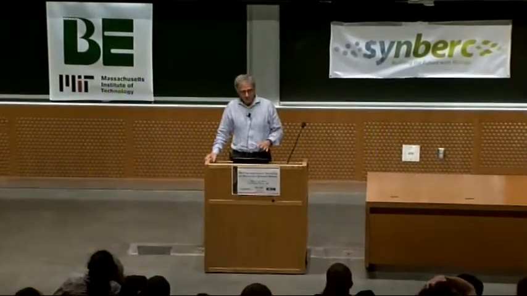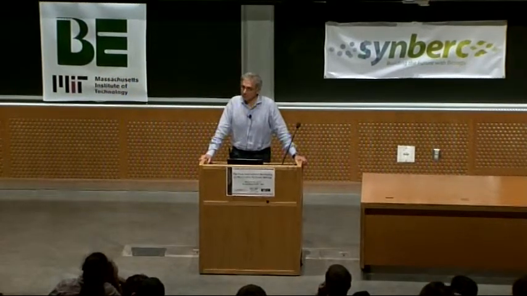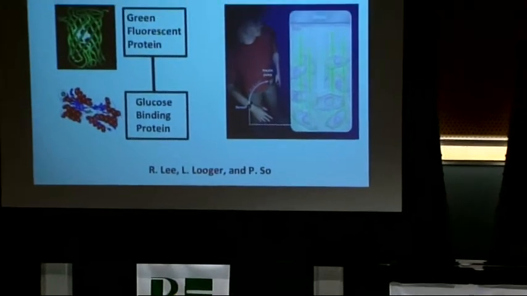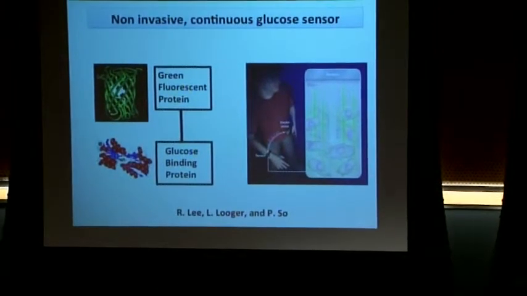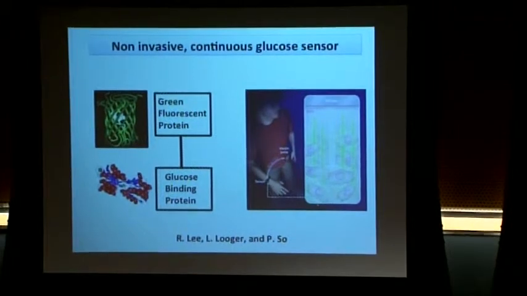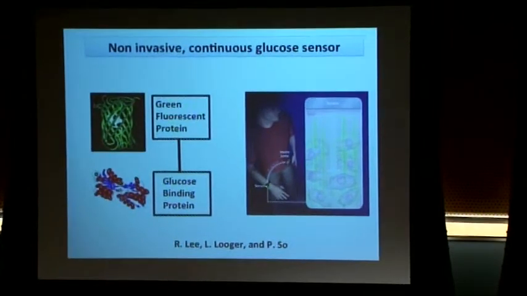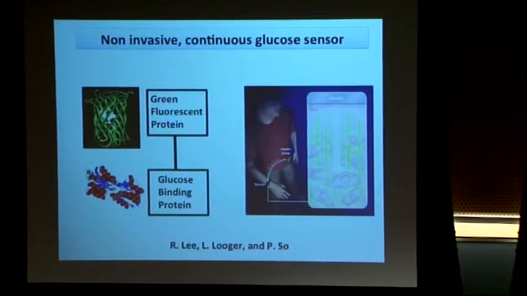Here the idea is that they've taken green fluorescent protein, fused it with a glucose-binding protein, and now have very accurate readings on changes in fluorescence when glucose is bound. So their dream is to put that kind of fused protein into a patient's cells. Here it will be implanted, say, into the forearm, which would then read changes in fluorescence based on glucose, eliminating the need for another needle, giving a non-invasive glucose monitor, which would then talk to the insulin pump.